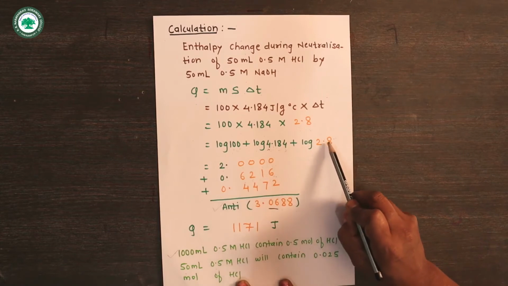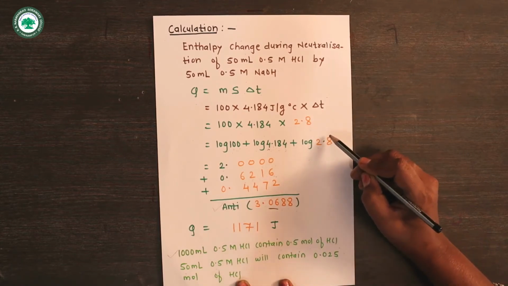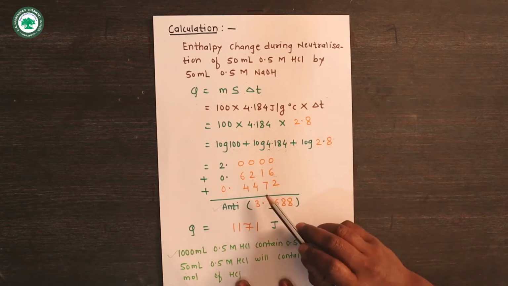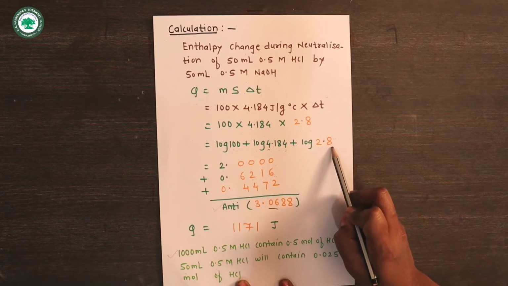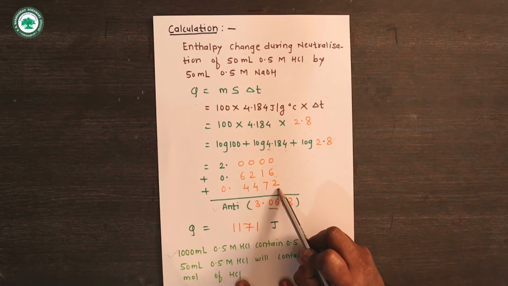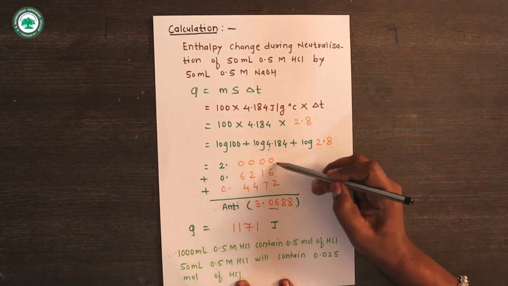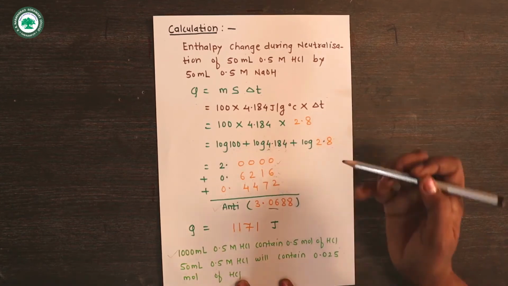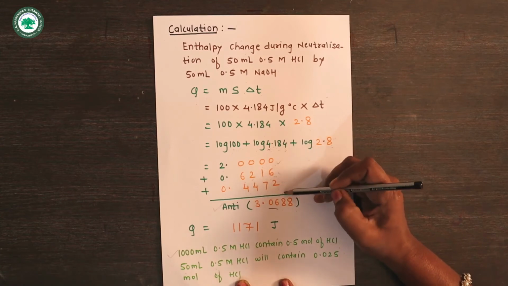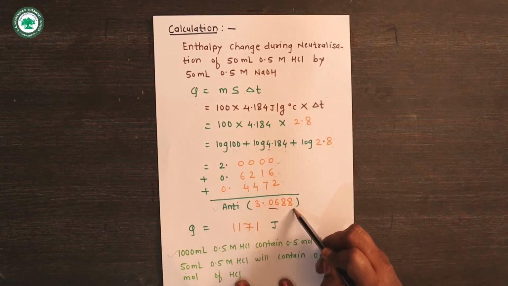0.6216. Plus 2.8. Before the point only one digit is there, so 1 minus 1 gives the characteristic of this 2.8 value, and we see the log of 28 followed by 0, that is 0.4472. Now we have to do the sum of all these logarithmic terms, and we get a total sum equal to 3.0688.